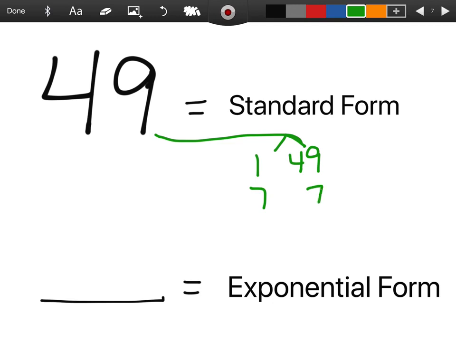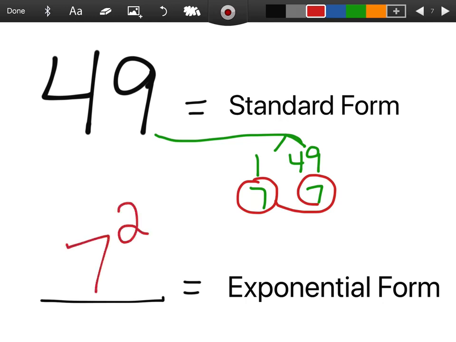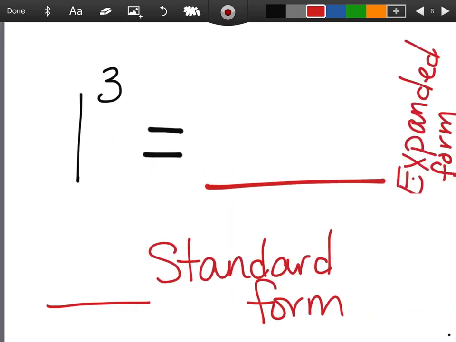So that gives me two numbers. One number multiplied by itself is an exponent. I can write it as an exponent. So it would be 7 squared. Make sense?